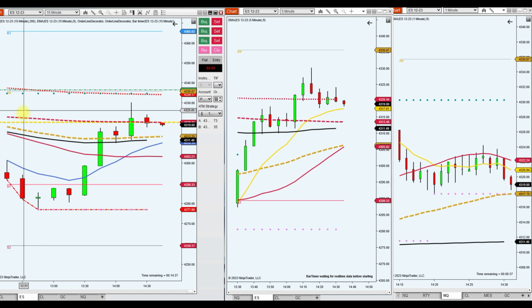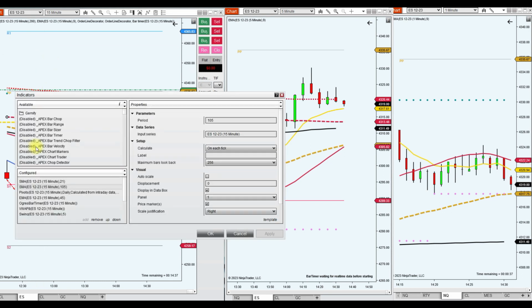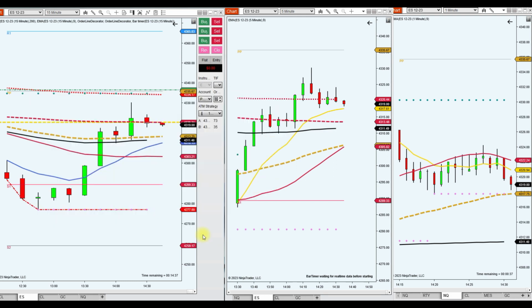So yes, it's a 15-minute chart, but if I open it up in properties, just so you're clear, it still has the 105 period. That's what I've used. It's the same 5-minute red line that I would have input on my 1 minute chart.